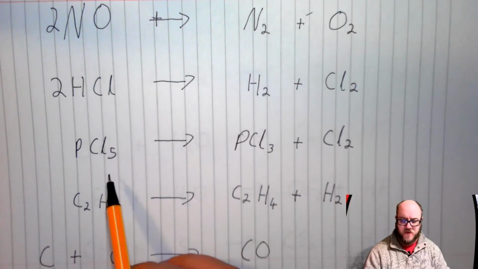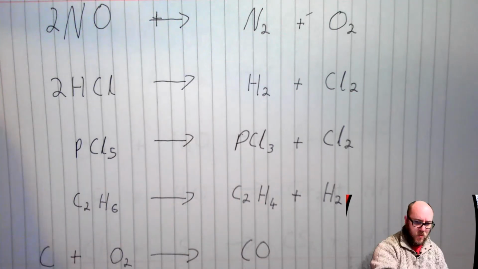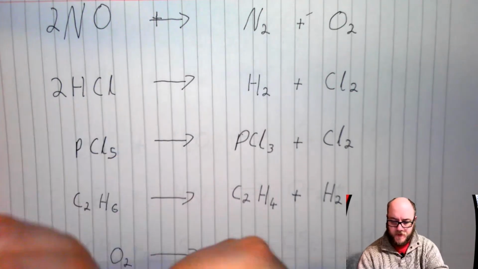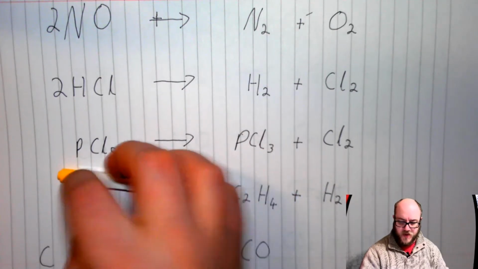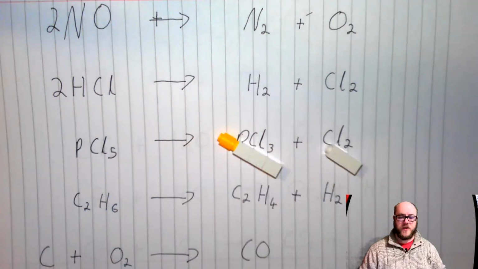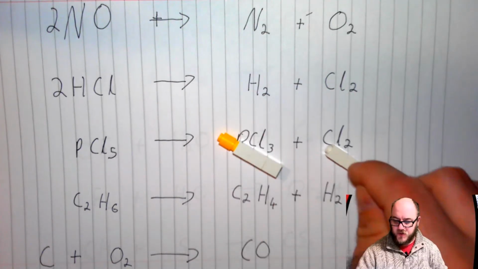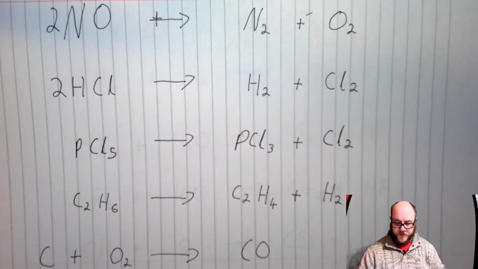And over here we've got 5 chlorines and 1 phosphorus. This is literally what's happened. I've got 5 chlorines, 1, 2, 3, 4, 5, and 1 phosphorus, and it's decomposed into that. PCl3, 1, 2, 3, and Cl2, 1, 2. Simple. So that equation is already balanced.